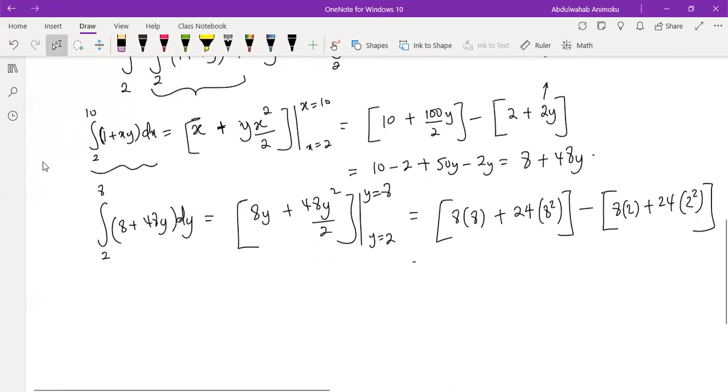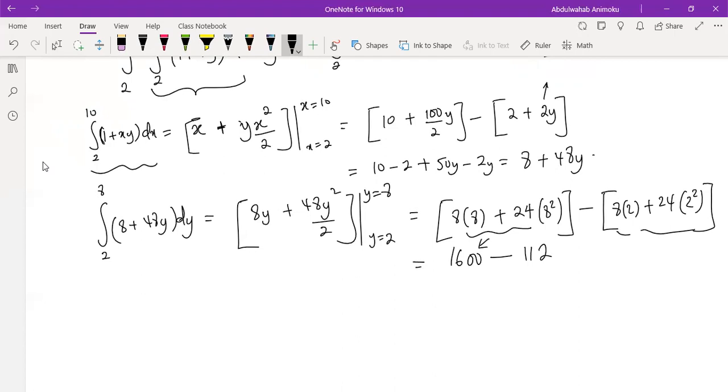Now, when I estimate this, this would give us 1,600 minus, when we evaluate this, you have 112. Okay, so this part is 1,600. This part is 112. And this final answer will give us 1,488. Okay, so this will be the volume of that solid, right, using double integral.